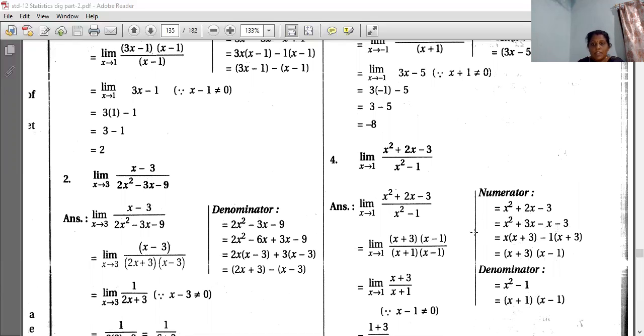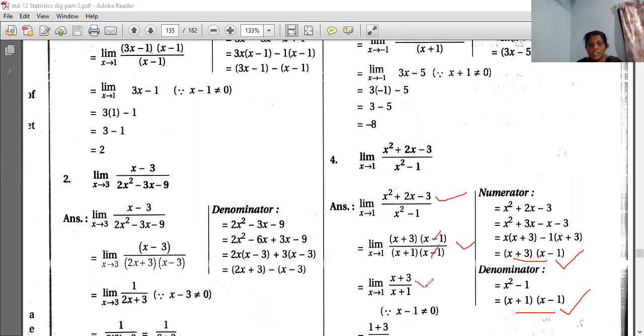So here we will write whatever we got for the numerator and denominator over here. This is our numerator and this is our denominator. This we have factorized and we got this new numerator and denominator, so that we will write over here. Right? First you have to write the question, and then you have to write this numerator and denominator. Then x minus 1 in the numerator and denominator will be cancelled.